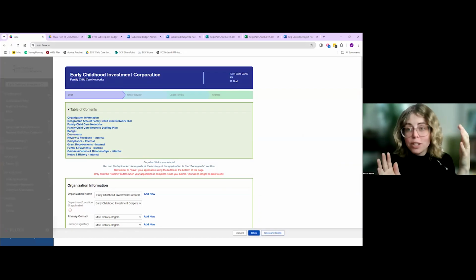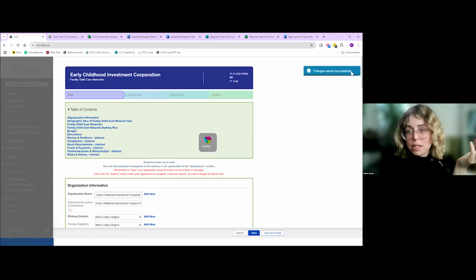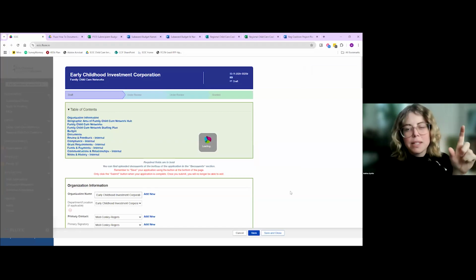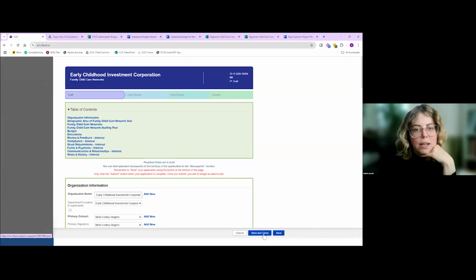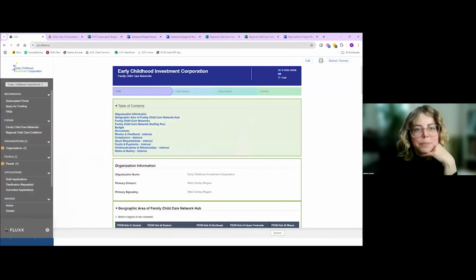Hopefully an autosave function comes through with Flux, but as it is right now, we want to definitely save things before it closes out. Flux is really good about not timing you out, so the window will stay open for quite a bit, but if you're moving through things, please click save so you don't lose any of your content. And then we can go back to the slides and talk about a little more of the application stuff.